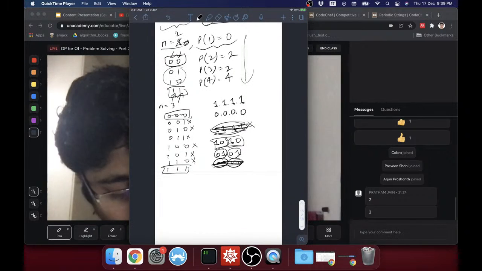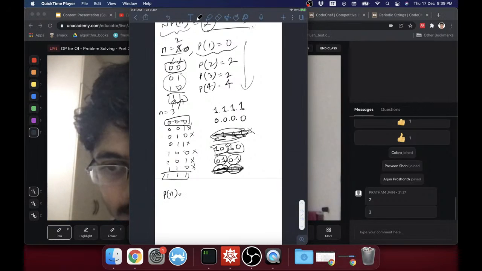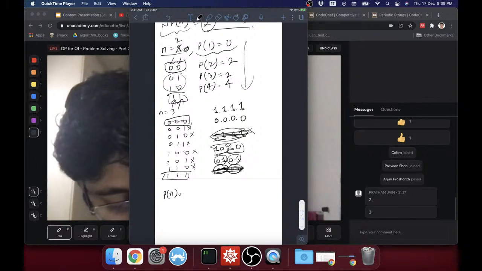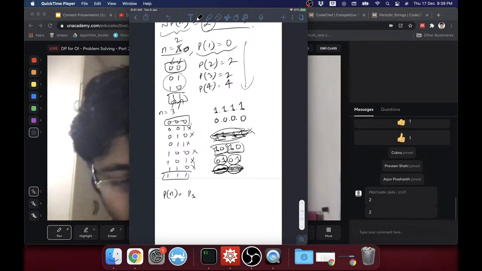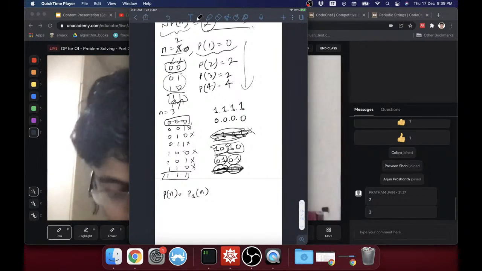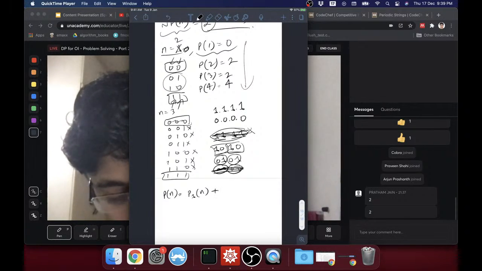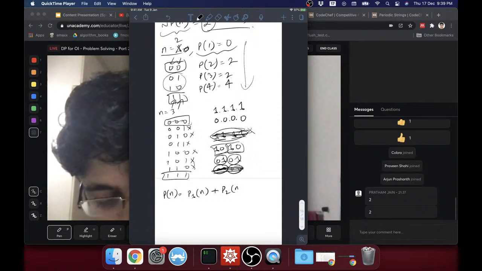Okay, so we have some idea of what's happening. When we are trying to calculate P of n, the number of periodic strings of length n, there are some periodic strings which are of length 1 being repeated n times. There are some strings which are of length 2 being repeated n times.